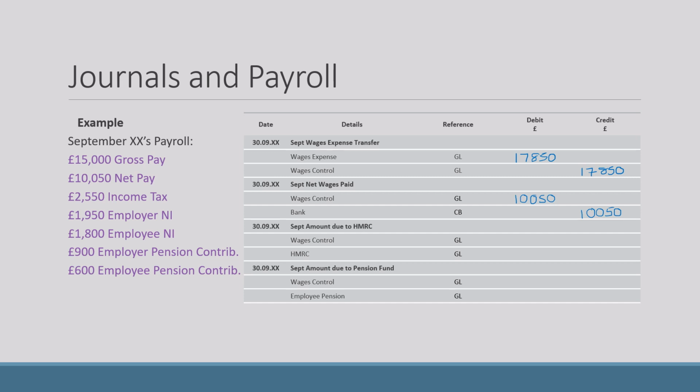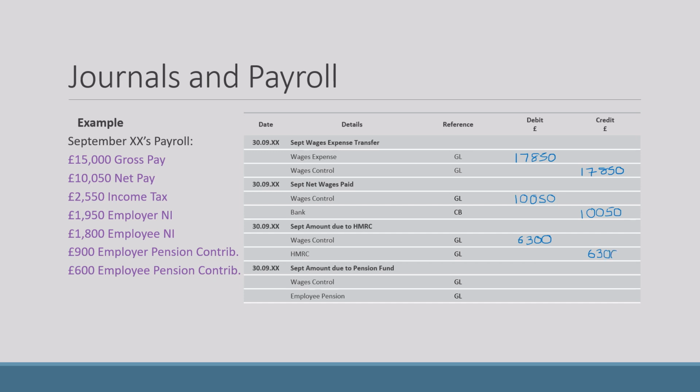We then have to take into account what our liability is to HMRC. So again, we're going to debit the total amount that's due to HMRC, which in this case is going to be 6,300. And we're going to credit the HMRC account because that's our liability.